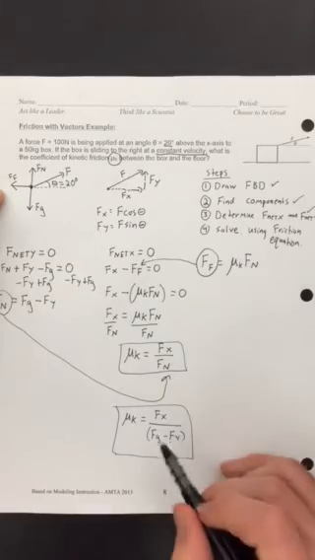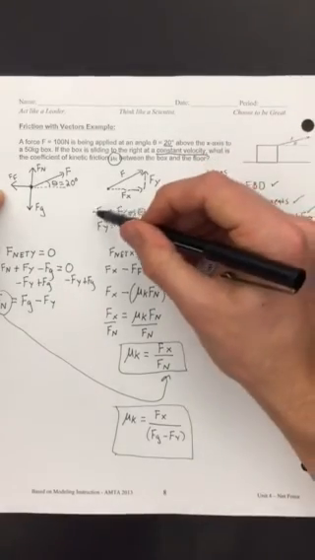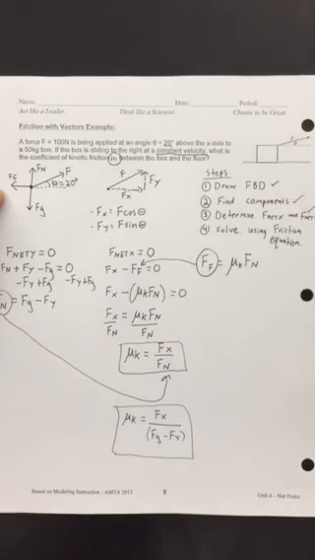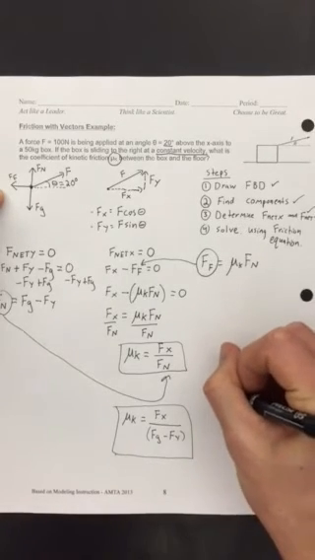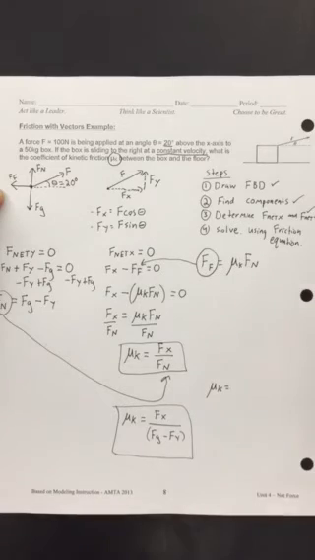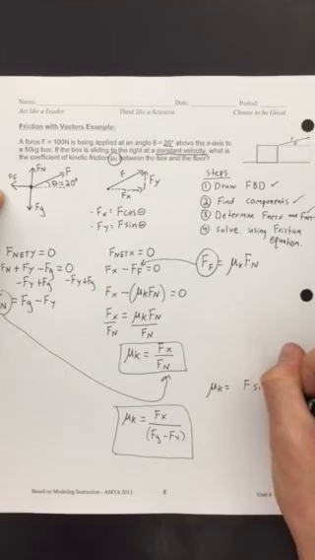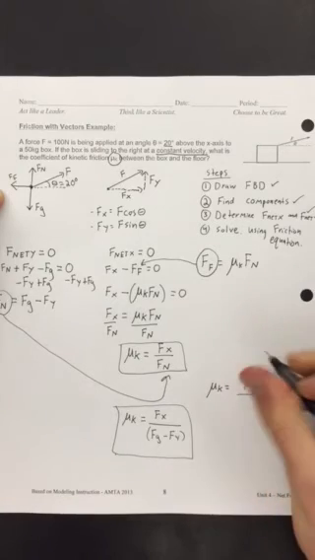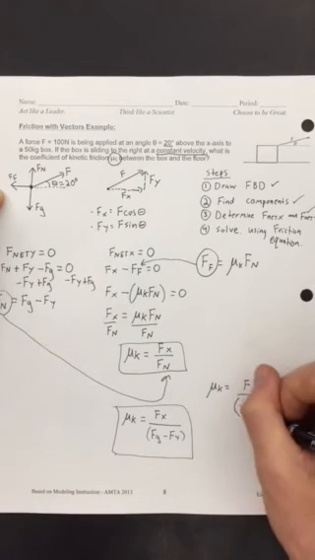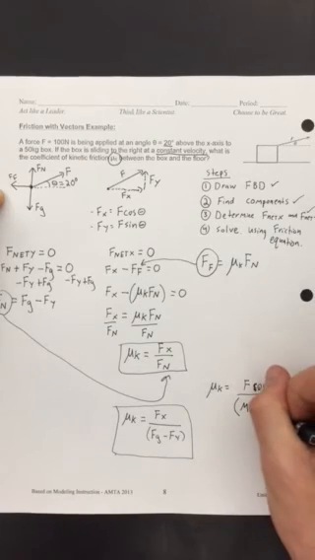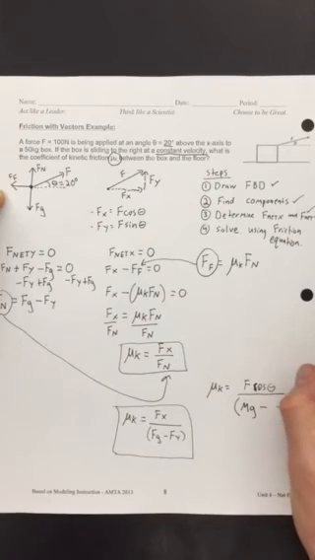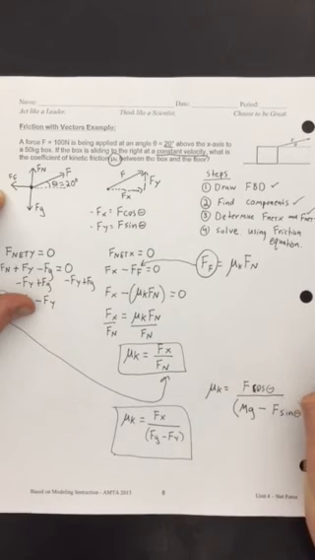Now the last thing I'm going to do is sub in the things that I know, the x component and the y component, and put those into the problem. So the coefficient is equal to the force times the cosine of the angle, divided by the gravitational force, which I know is the mass times little g, minus the force sine theta.